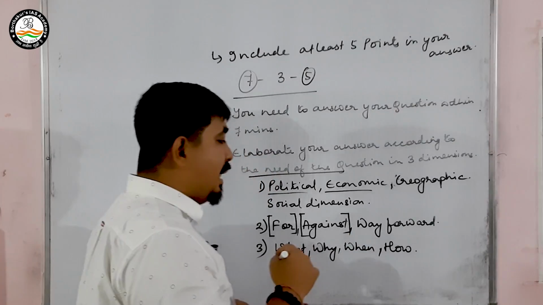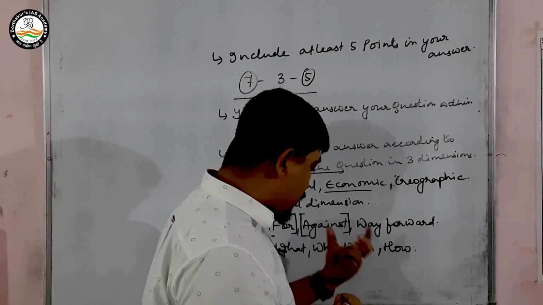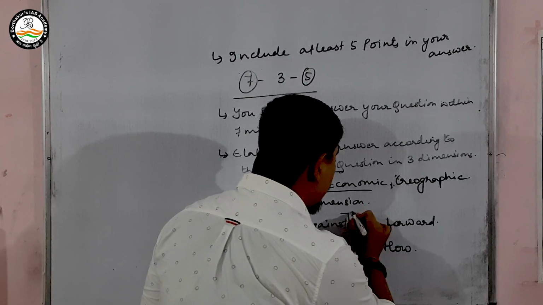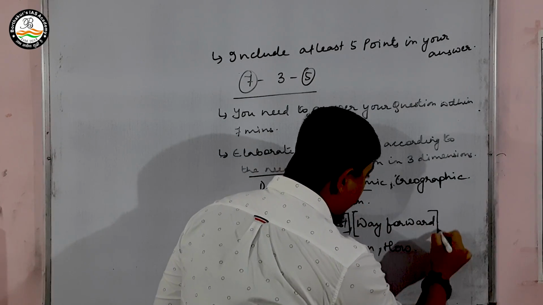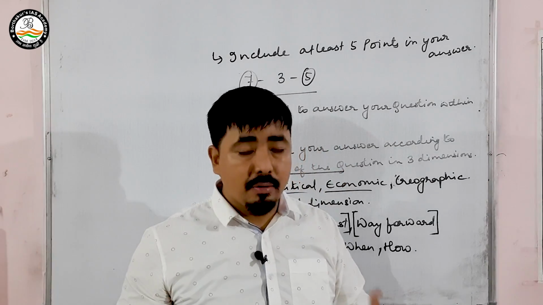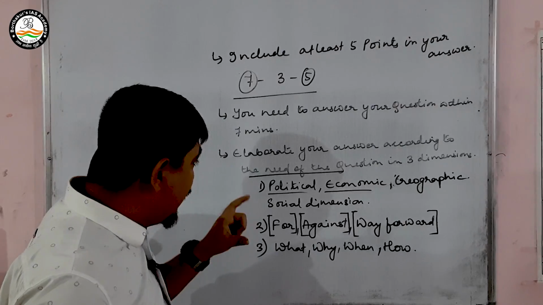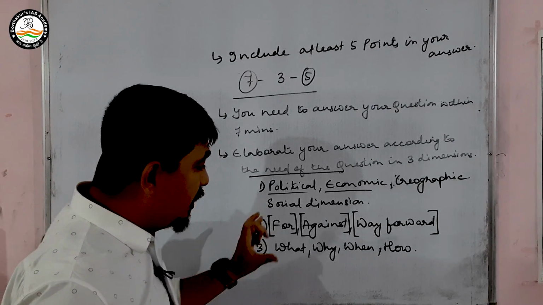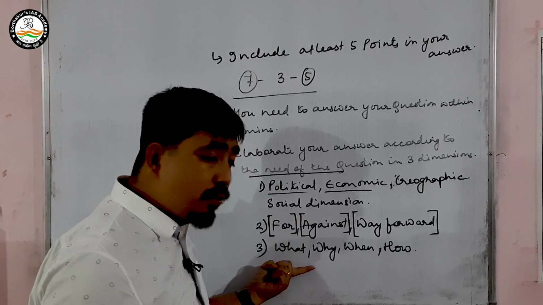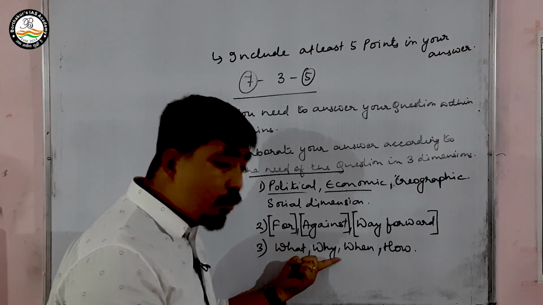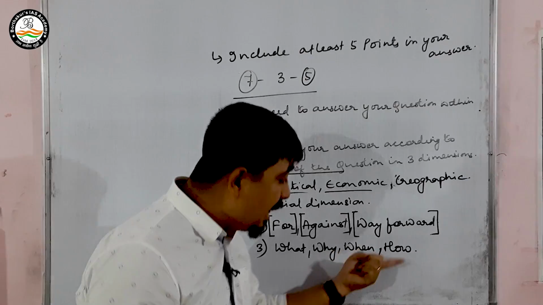Then, as already I told you, you are going to be an officer, so in your conclusion part you should always try to suggest some way forward, some solution. Then the third dimension that needs to be covered in your answer is what is the issue. Then try to point out why it took place, when it took place, and how it took place.